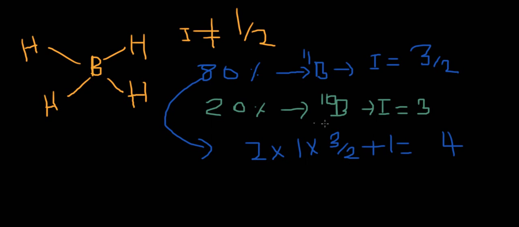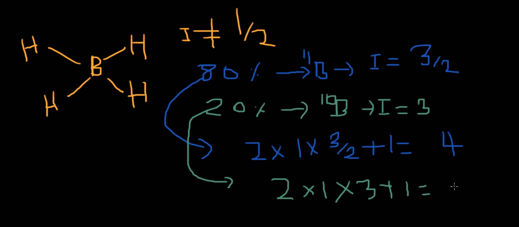And for the 20% of boron, which has a spin active nuclei, the magnetic I value is 3, and 2 into 1 boron atom, so for the 1 boron atom there are 7 peaks.